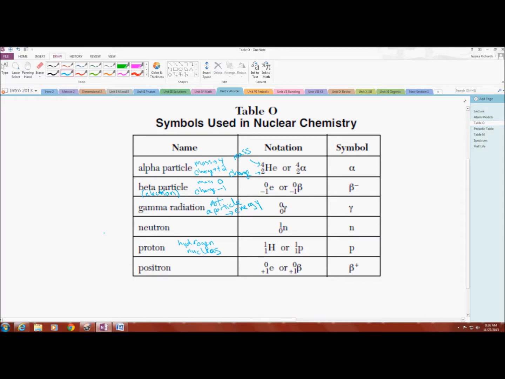And a hydrogen atom has a mass of 1 and an atomic number of 1. So it has 1 proton. And if this is an atom, it's going to have an electron configuration of 1, so it's going to have 1 electron.